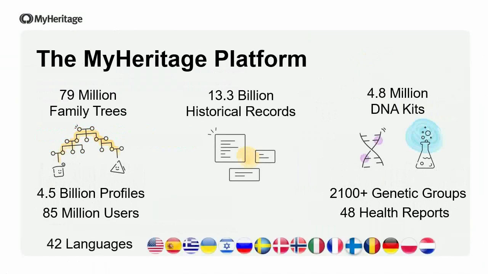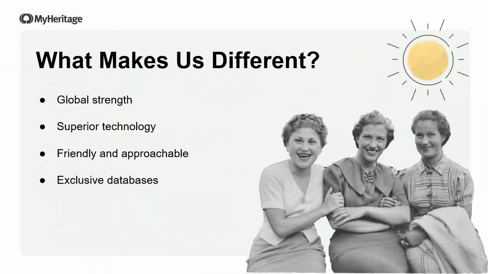That obviously makes it very easy for people around the world to do their genealogy and to do the research in their own language. So MyHeritage definitely has a global strength over others out there with this language capacity, but we also have a superior technology, and my goal today is to show you how this technology will help you find not only Jewish records, but records in general.